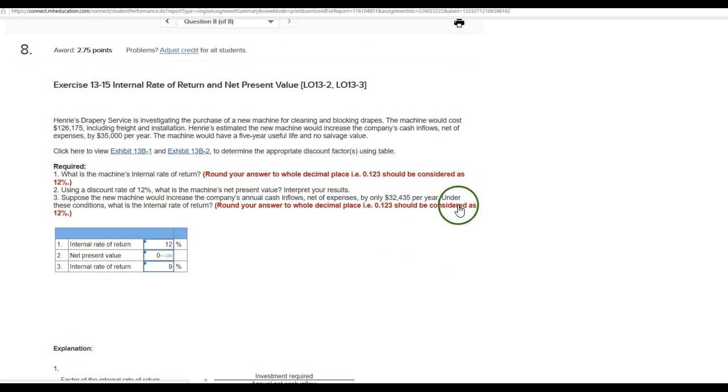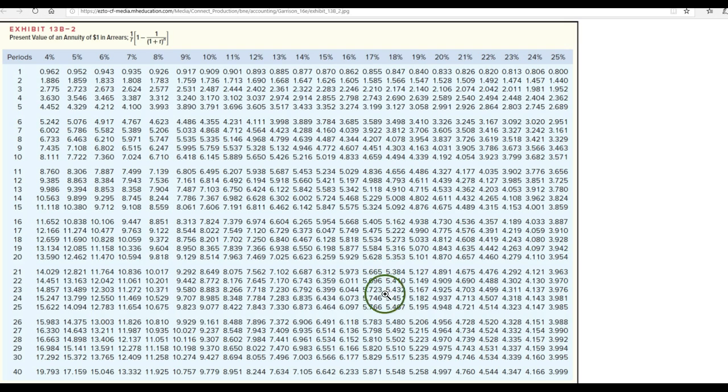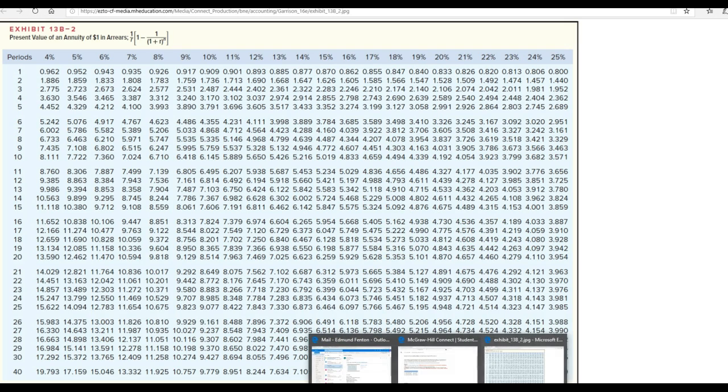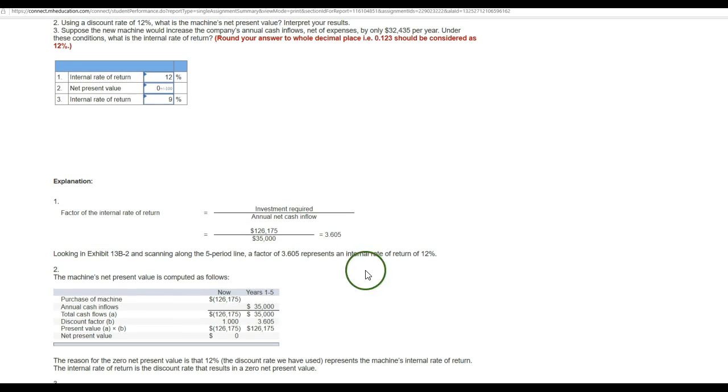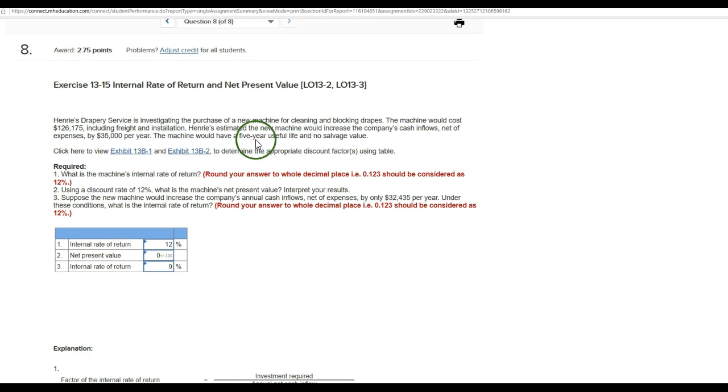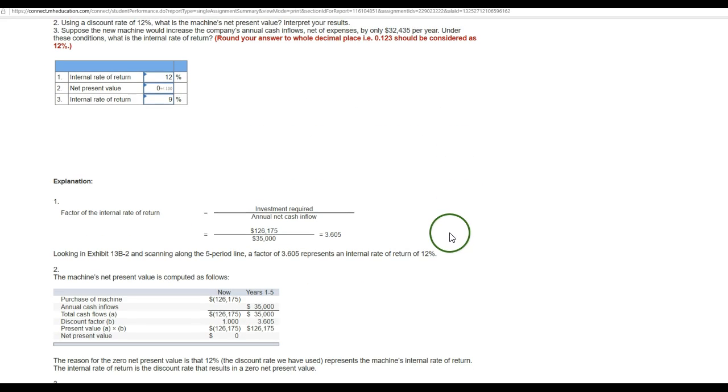Here's the table. And we were looking for the factor 3.605, and since this is a 5-year life project, then we're going to go across the 5-period line.